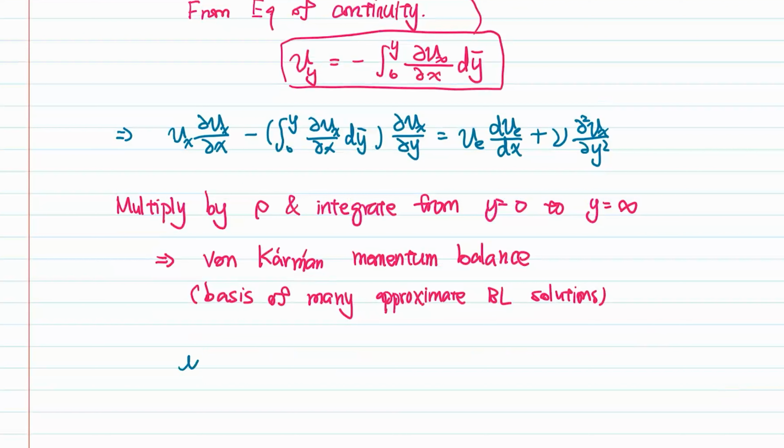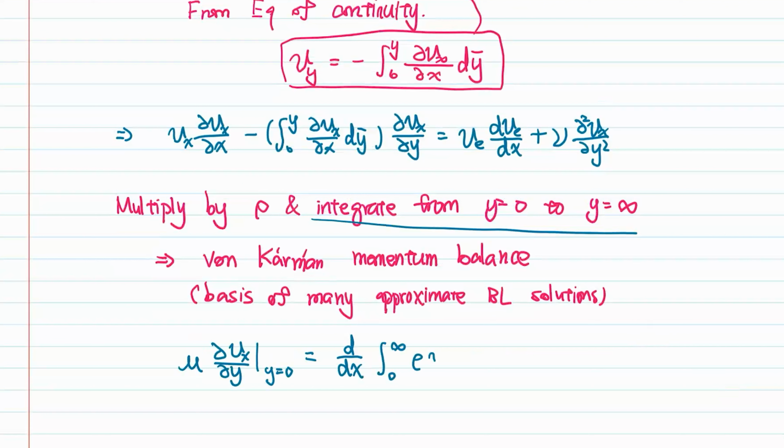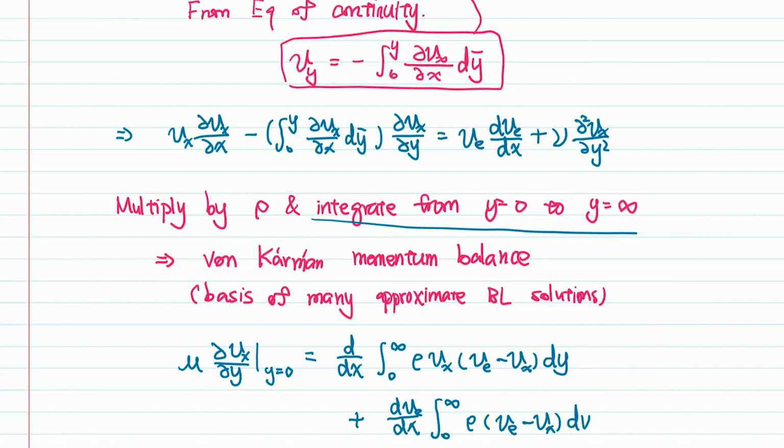We have mu, because we divide everything by density, now we're left with the viscosity times partial Vx partial y at y equals 0, equals d dx times the integration from 0 to infinity of rho Vx times (Ve minus Vx) dy, plus dVe dx times the integration from 0 to infinity of rho (Ve minus Vx) dy.